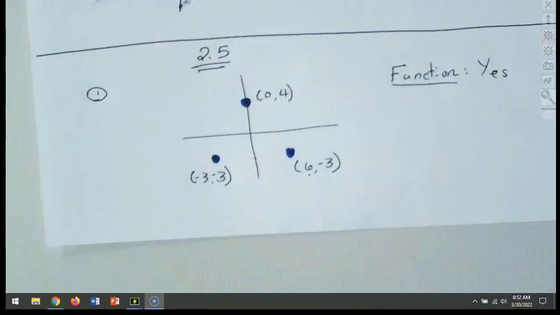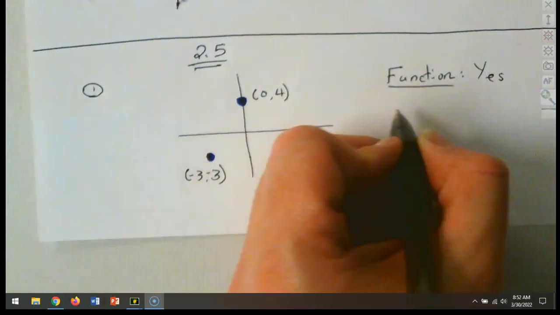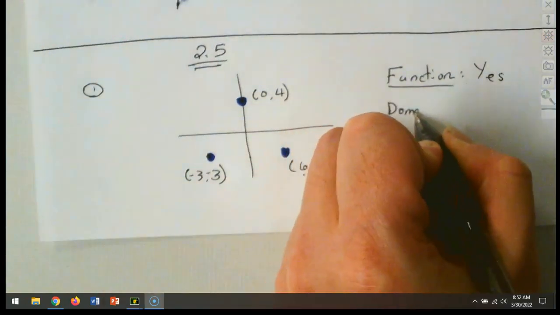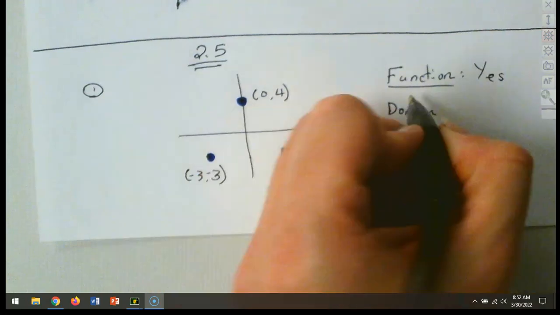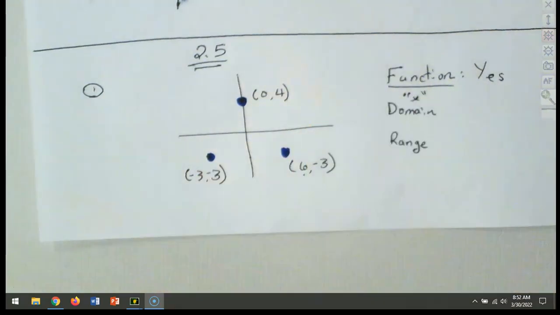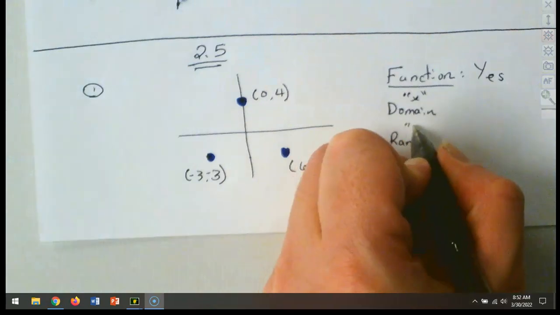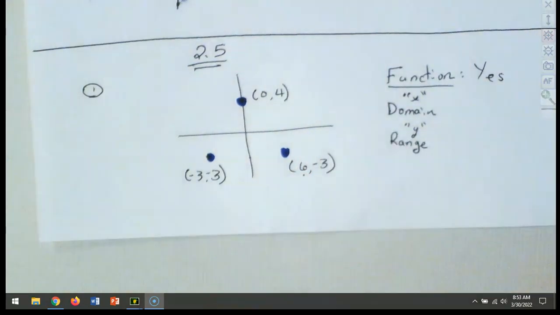Then we need to give the domain and the range. Now the domain is going to be related back to the x values, and the range, sometimes called the target, goes back with the y value. So if you use a different textbook, you might see target instead of range, but they're the same thing.